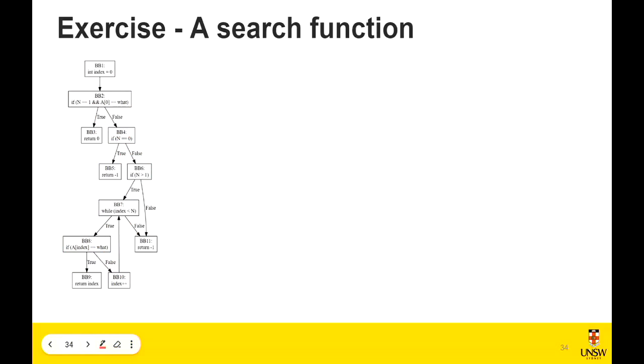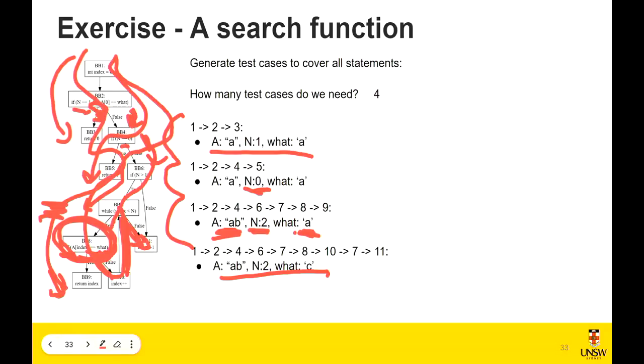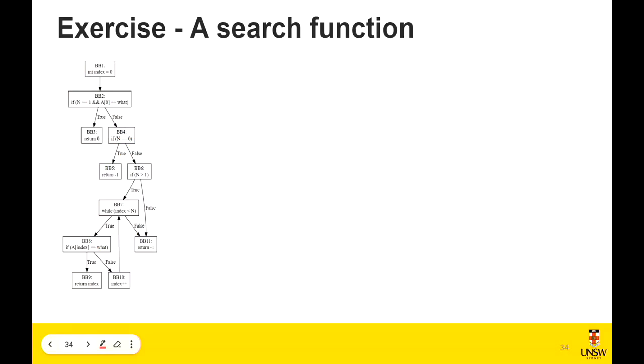And now let's come to the branch coverage. How many conditions are there in this control flow graph?